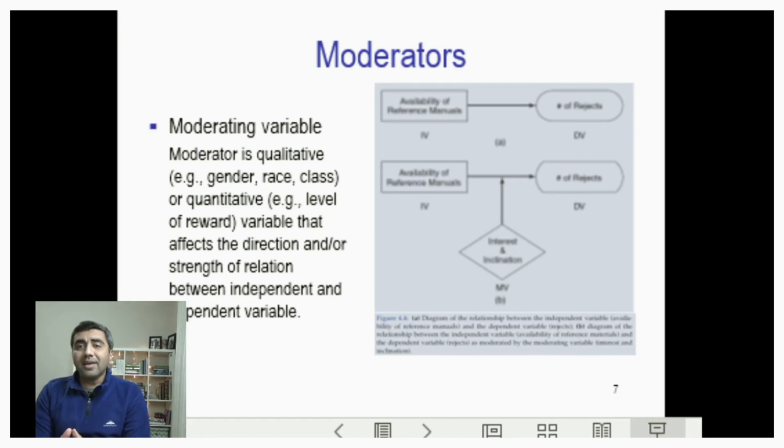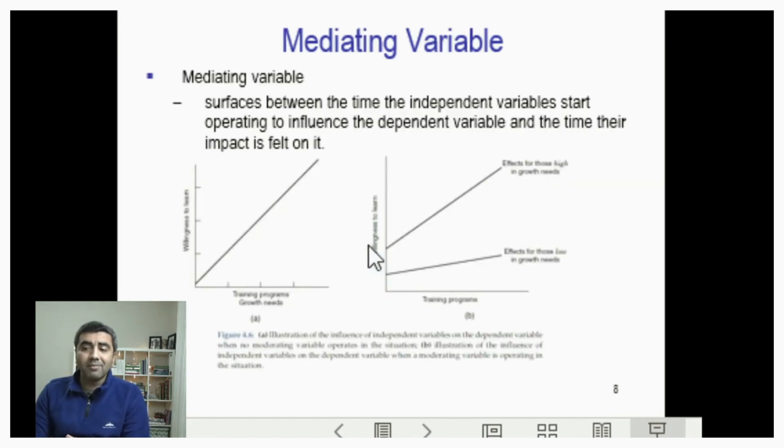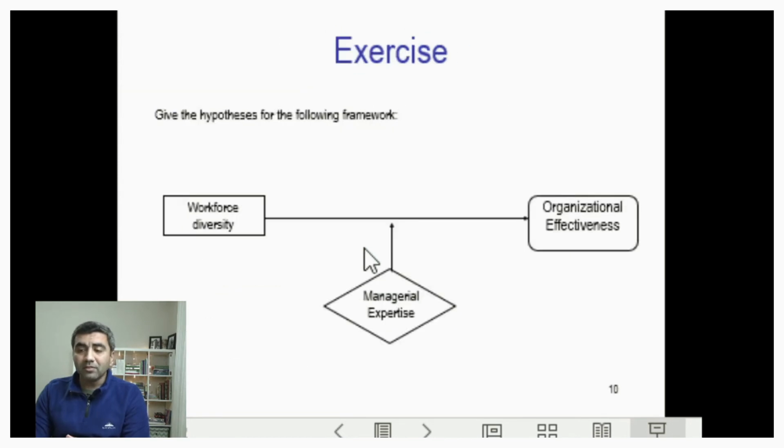Now, this can be a little bit clearer with the help of an example. So let me share an example that can help you understand the moderating variable more clearly. Let us take this example in which we have organizational effectiveness as the dependent variable, workforce diversity as the independent variable, and managerial expertise which acts as the moderator.